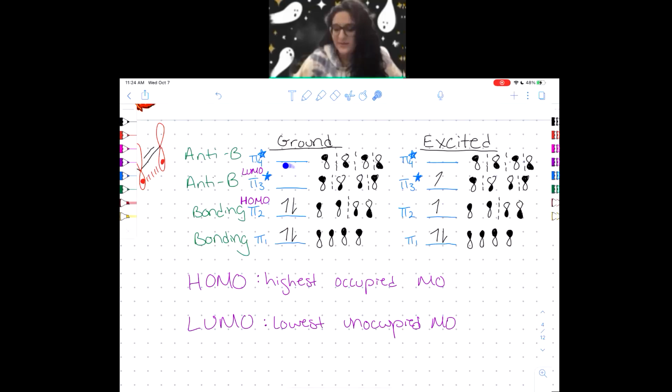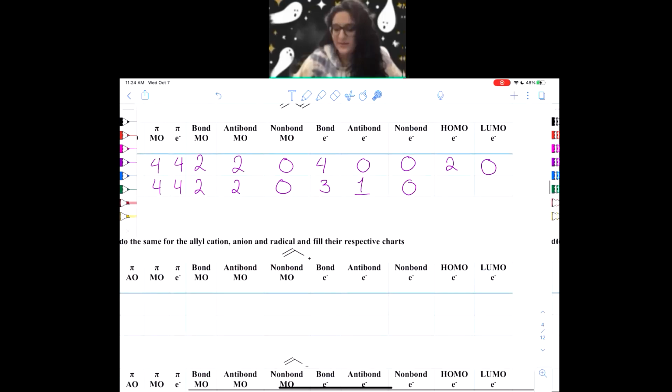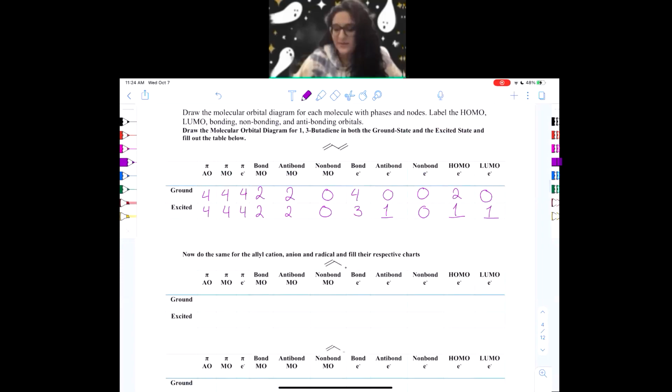So now instead of 2 and 0, we have 1 and 1. And bam, you just did molecular orbital theory for our first example. Any questions so far? So what is non-bonding? We will go into that in just 1 second. It's something that's specific to when you have only 3 energy levels.